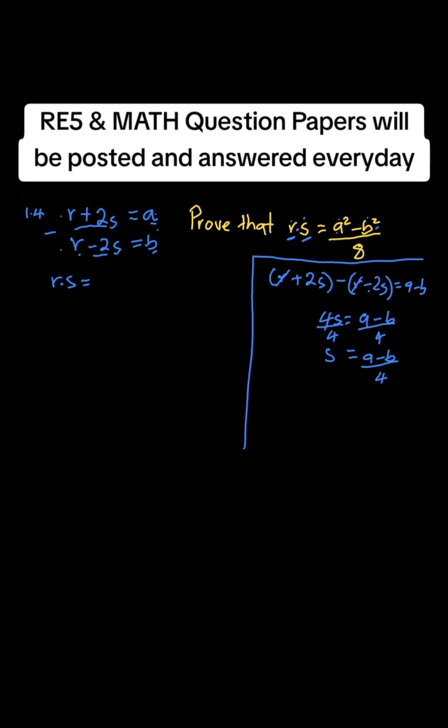It was A plus B over 2. Now times this S, which is A minus B over 4.